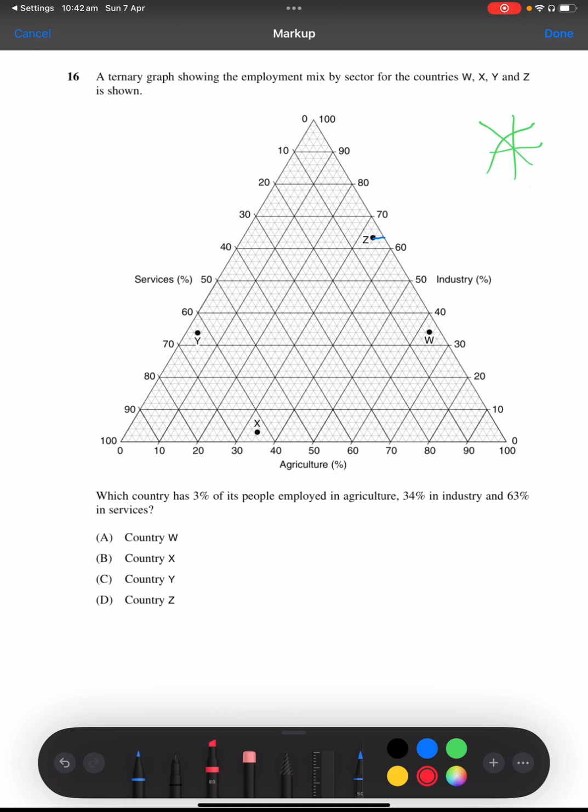Okay, we read from down here, and we read upwards, and we get to about 63%. And obviously, you guys would be doing this with a ruler. So we're looking at 63%. Now that data is representing that 63% of the workforce employed in the industry sector.